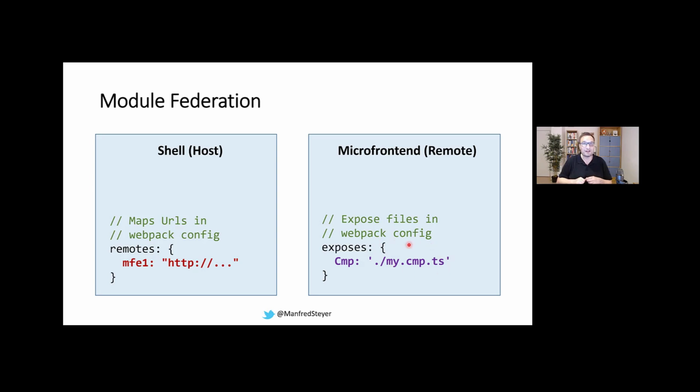The shell is not interested in knowing that this file is in the folder A, B, C, D. No, that's why we are just mapping a nice short alias. And then all we need is a dynamic import that is using the mapped names, and so we can reach over to a system we did not even know at compile time, and then we can load something from over there.